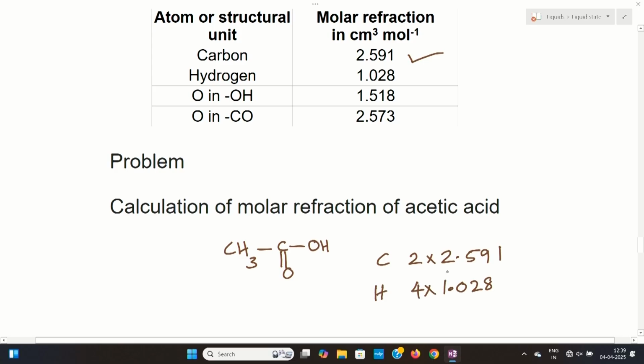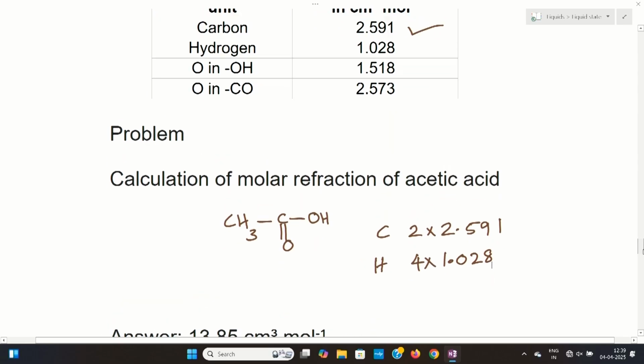Then we have 2 types of oxygen. One is oxygen in OH. That OH oxygen value is 1.518, that is 1 into 1.518.